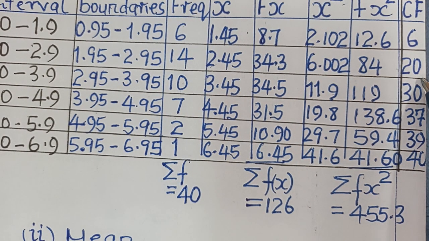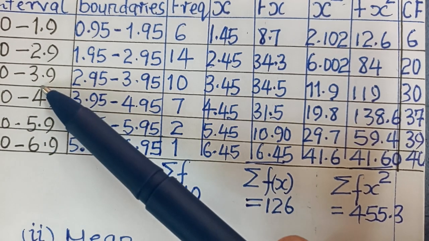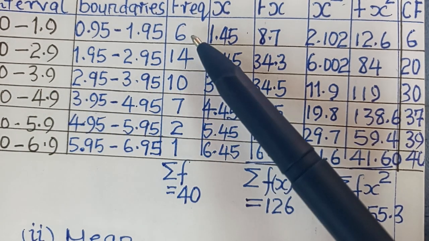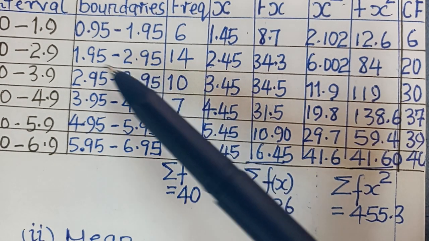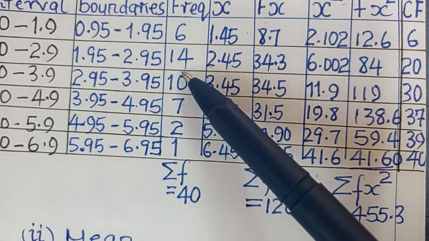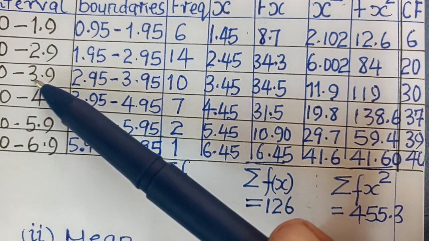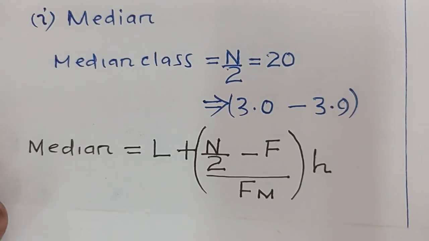So we have 20. But remember, now for us it is going to be the next class, which is 3.0 to 3.9. Remember, the 20 is more than 2.95, and so therefore it is going to be slightly above, which is 3.0 to 3.9. So that is our median class.